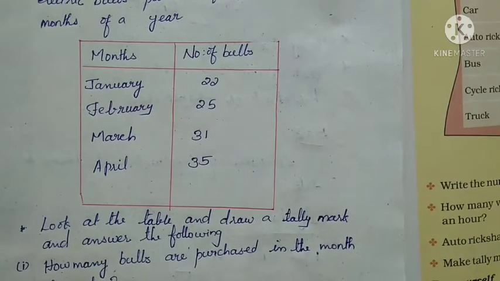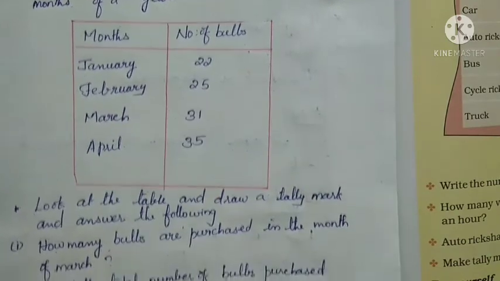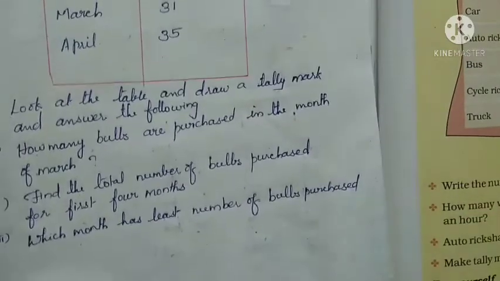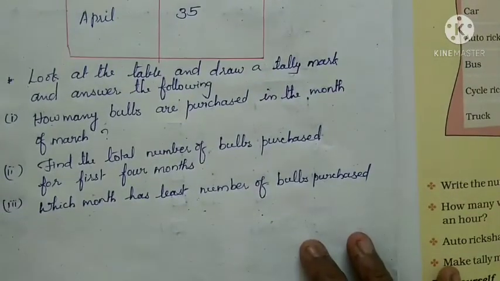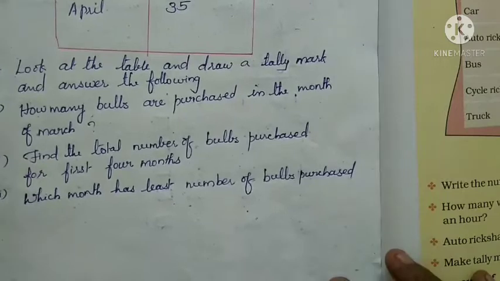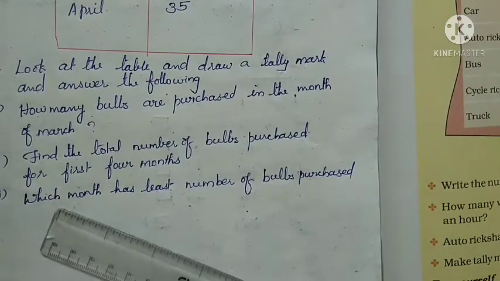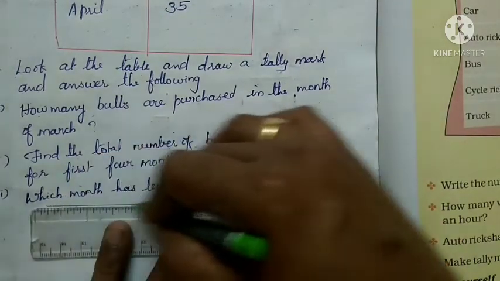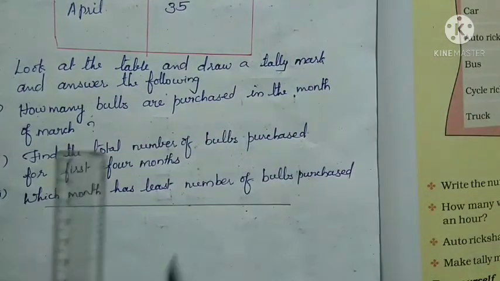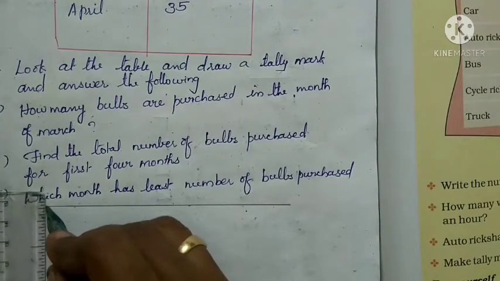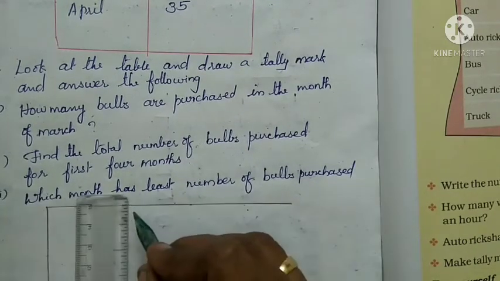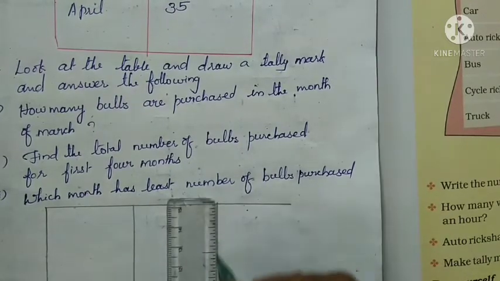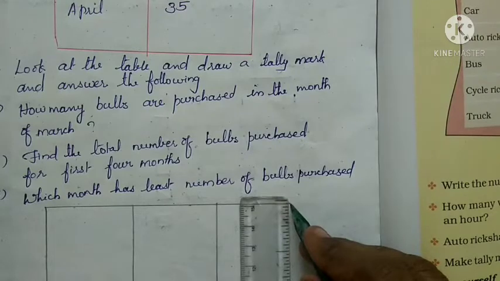So listen carefully. How can we draw a tally chart from the given information? First we draw 3 columns. Here I can draw 3 columns: this is the first column, then the second, and this is the third column.